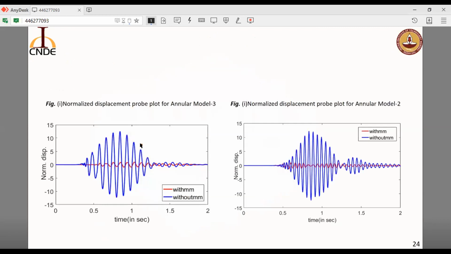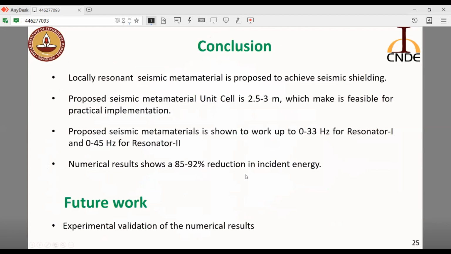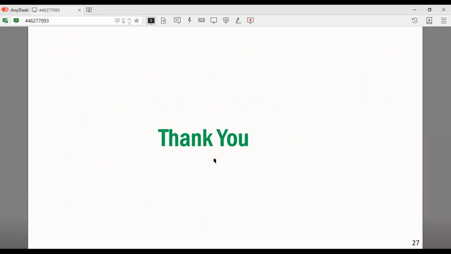This is a probe plot for the 5-probe metamaterial, and this is for 8. So the total energy reduction was around 85 to 90%, which is good. But we are trying to achieve around 95 to 98% reduction. So our future work will be to perform experiments and validate the numerical data. That's it.